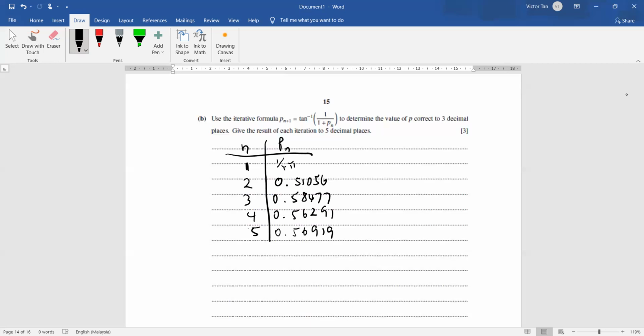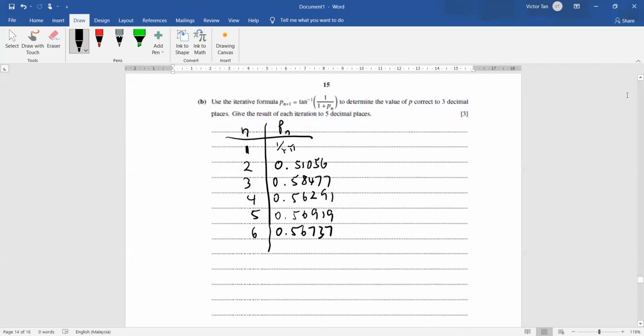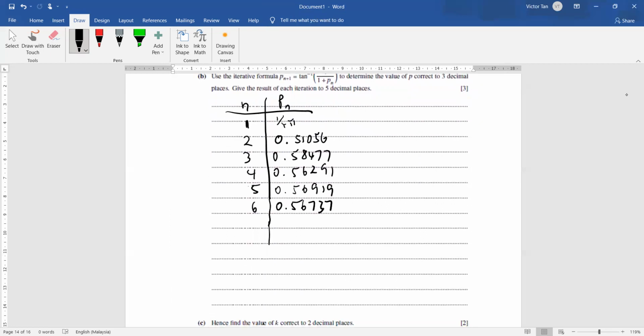Next iteration is 0.56737. You want your answer to 3 decimal places, so you have to continue until it is nearly the same. 0.56790.